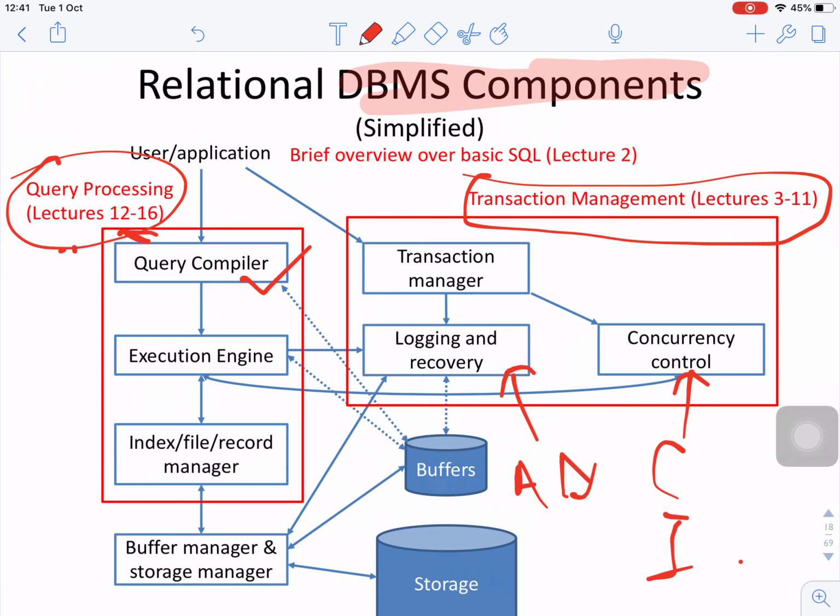The query compiler, the execution engine, the index file. Yes, that's pretty much it. Basically, the two topics are query processing and transaction management. And then we're going to talk about the buffer and the storage for the storage part.